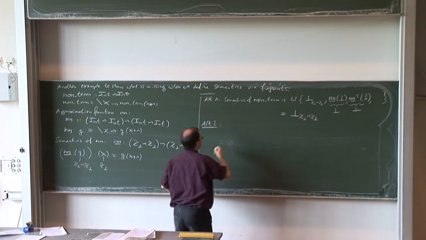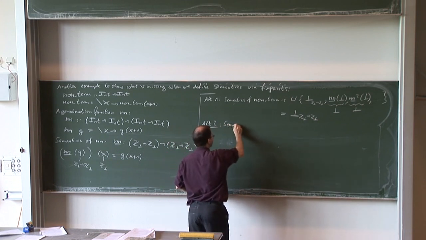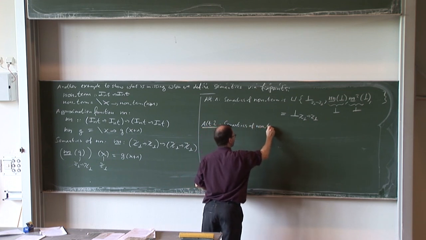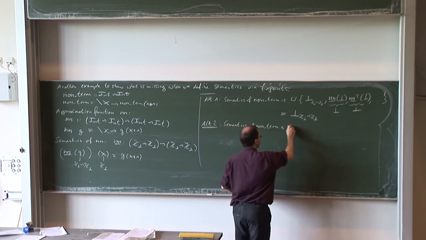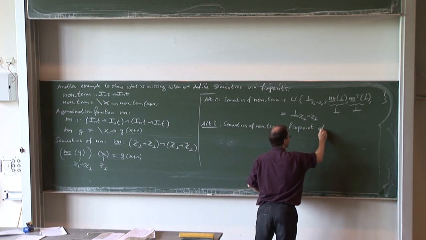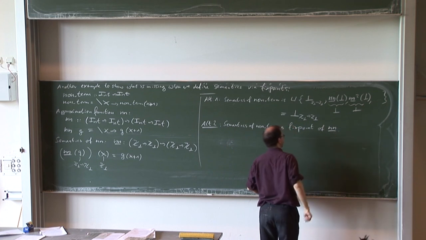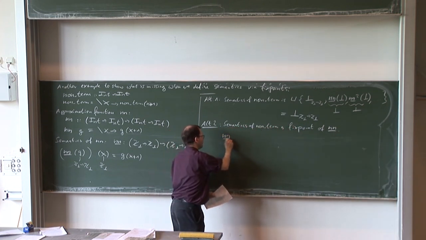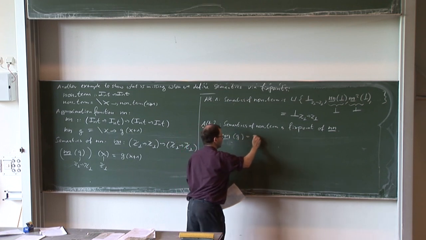Alternative 2 says the semantics of non-term is the fixed point of nn underlined. Now, what is a fixed point? A fixed point means that nn underlined of g equals g.